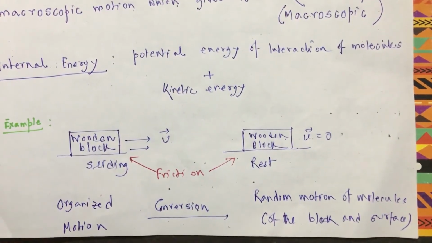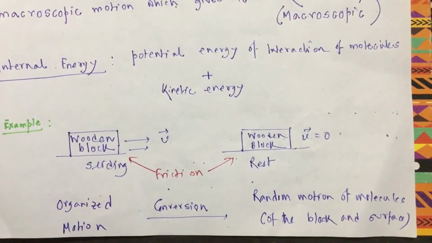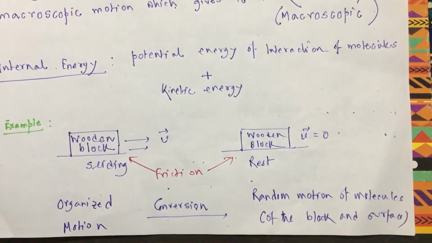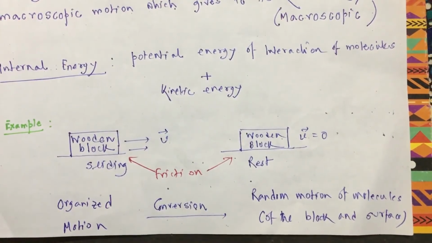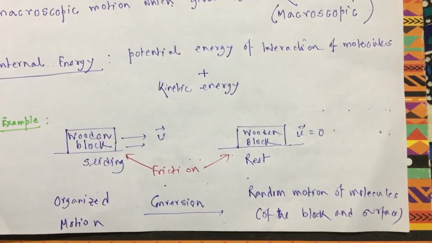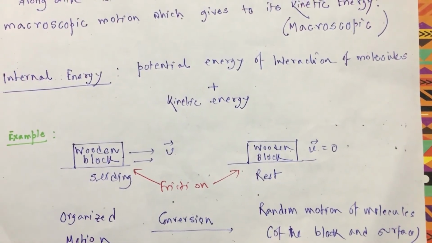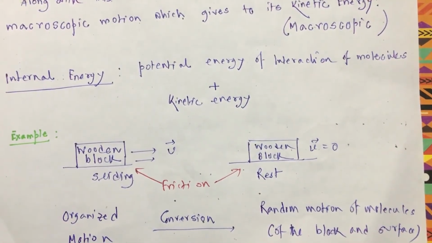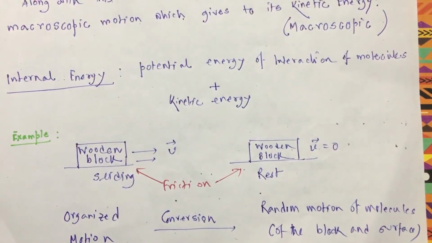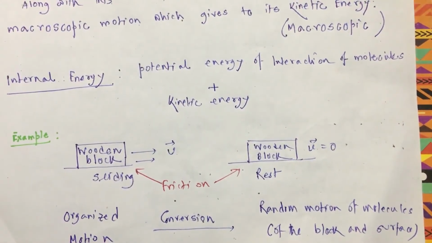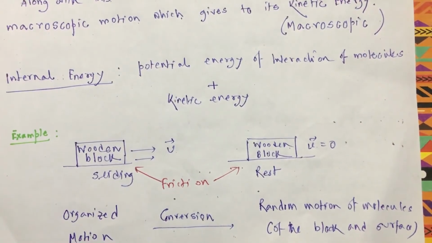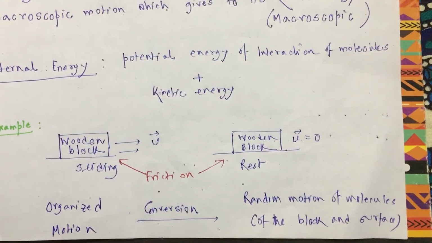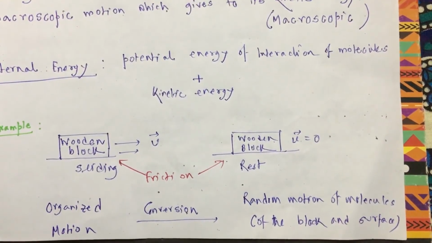When it comes to rest, as a result of friction, the organized motion of the body is converted to random motion of the molecules in the body and of course in the surface. We are not able to control the motion of the individual molecules. We cannot convert this random motion completely back to organized motion. We can convert only a part of it, and this is exactly the working of a heat engine.